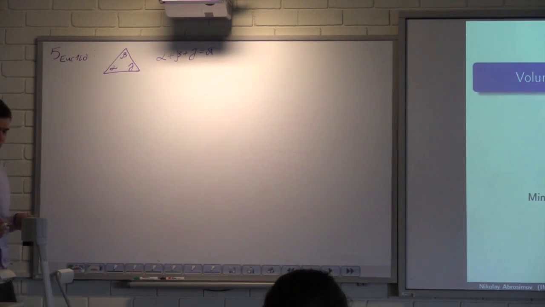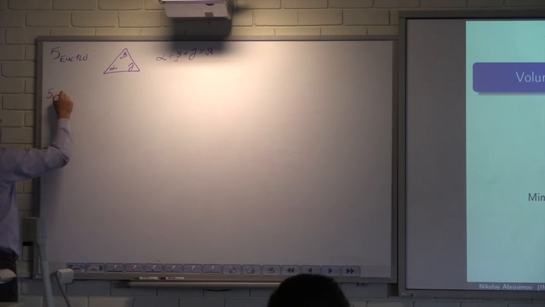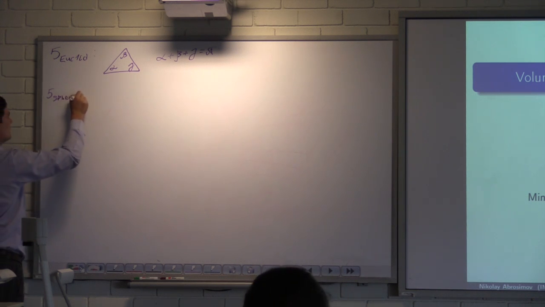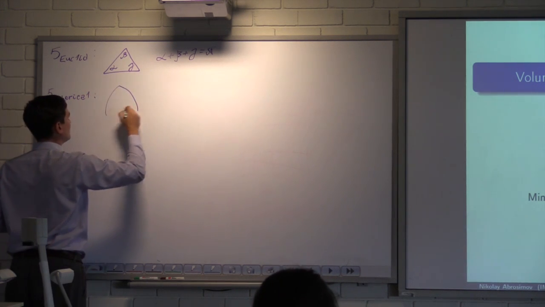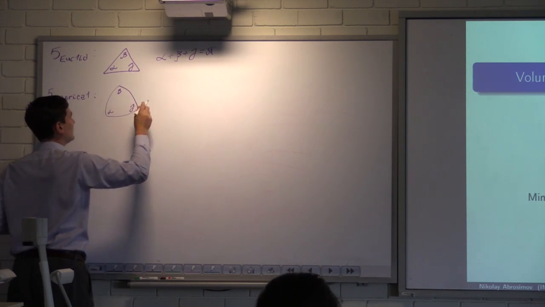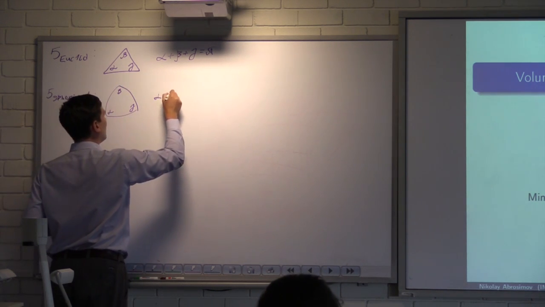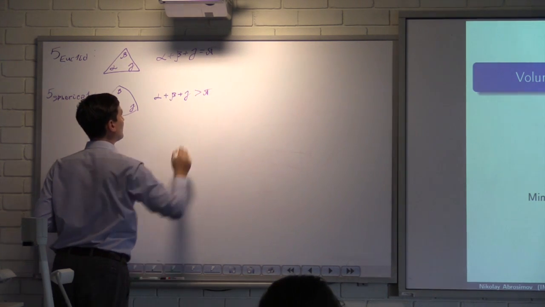But since it is independent from the four first axioms, we can replace it, for example, by this. It sounds as follows: every triangle has the sum of angles more than pi.